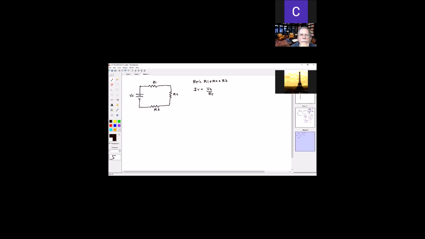Sorry. Question, Professor. What's the difference between RT and REQ? Yeah, as I was writing it, I realized I had been using REQ. So let's make this REQ. The equivalent circuit resistance, here's the reason I don't like using RT, and it's based on a lot of years of experience.